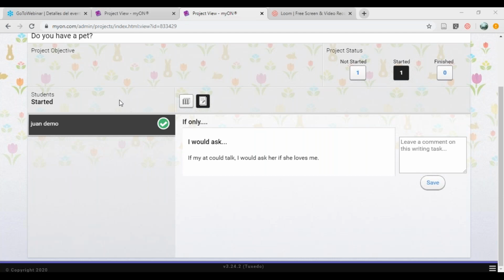I can see that some of you have questions about how to see what they wrote. Right now, what your students have to do is just write. As soon as they write, you will see what they did. Okay, I'm going to show you very quickly.